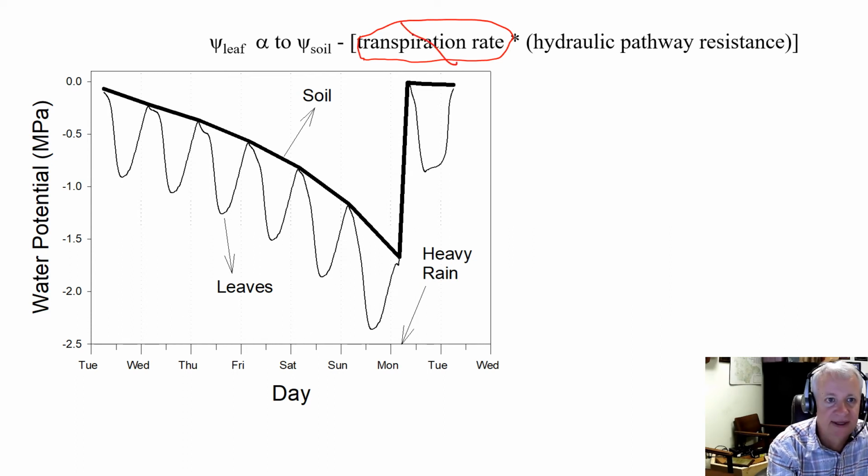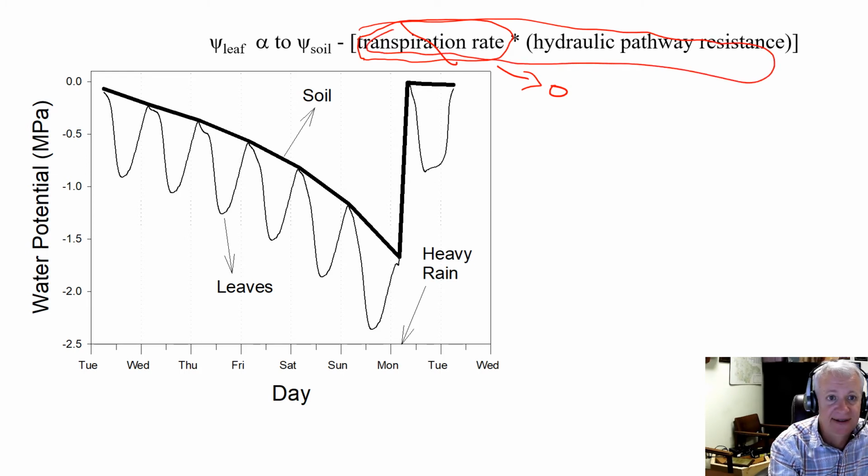Okay, so let's say this term is 0. We can think of that as being at night. There's little to no transpiration at night. So if this term is 0, that means, because these are multiplied together, this entire term becomes 0.